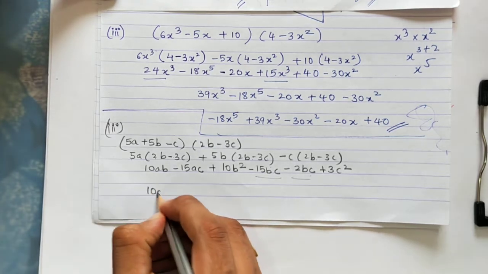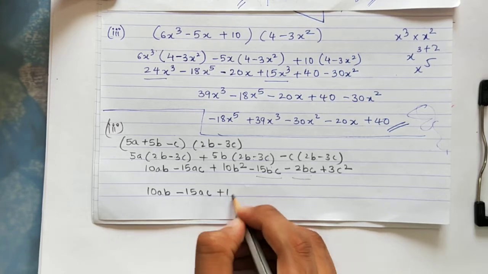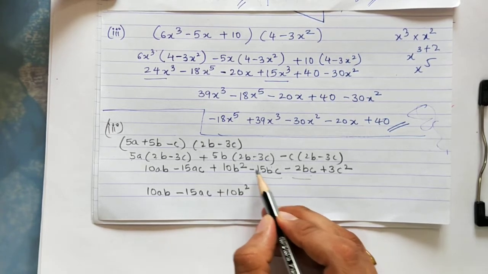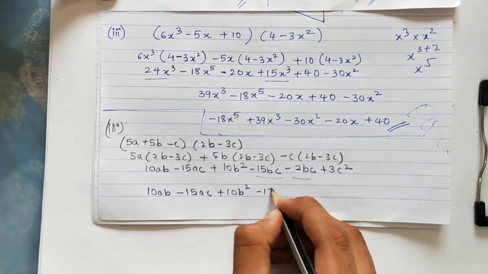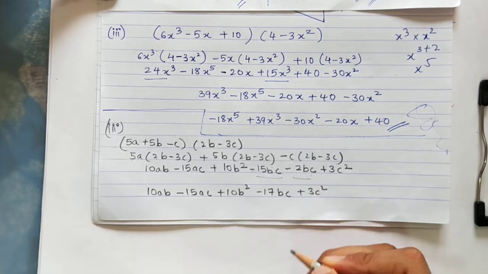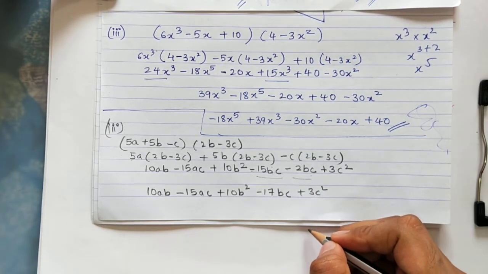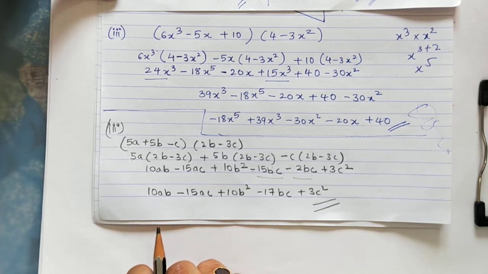So I'll have 10ab minus 15ac plus 10b square, minus 15bc minus 2bc, minus 15 minus 2 is minus 17bc, plus 3c square. Okay, this is the answer.